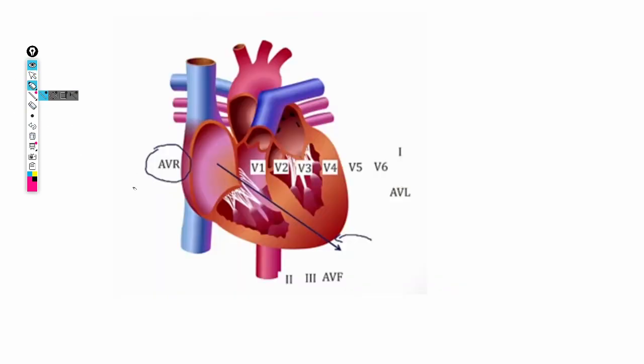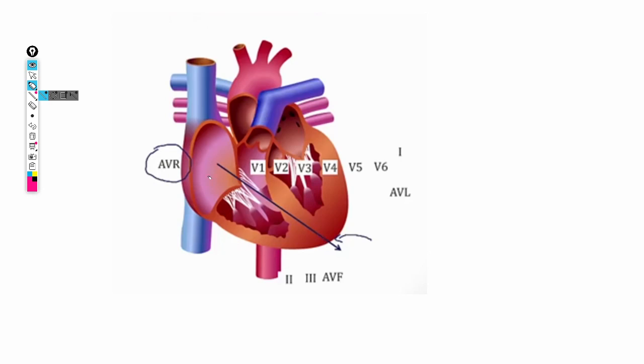Now here's the actual diagram of the heart with the leads labeled. This is AVR. It views electrical activity from the right side of the heart. So from the point of view of lead AVR, the electrical depolarization moves away from the lead.